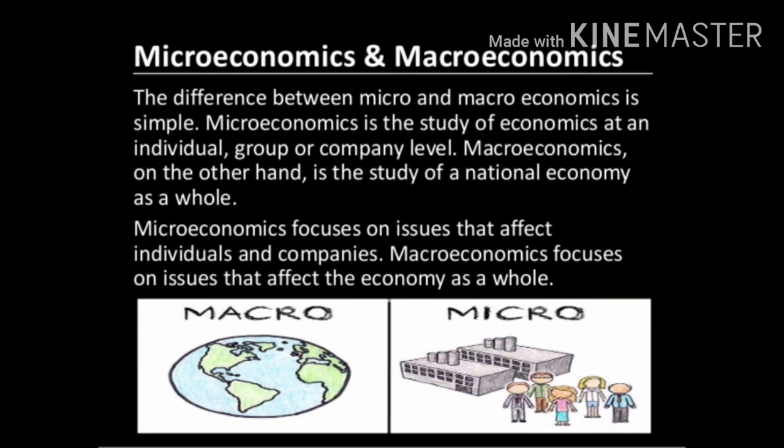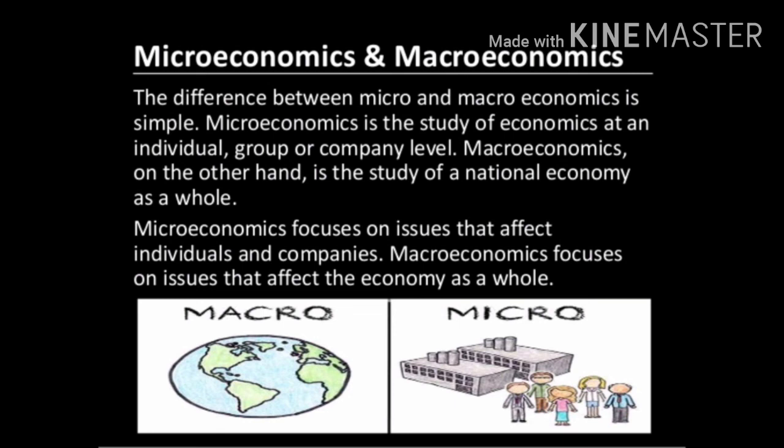Let's conclude the chapter with the difference between microeconomics and macroeconomics. In 11th you are learning about microeconomics, and in 12th you will be learning about macroeconomics. So you should know both. The difference between micro and macro is simple. Microeconomics is the study of economics at an individual, group or company level. Everything here we learn only about the individual, whereas macroeconomics is the study of national income as a whole.